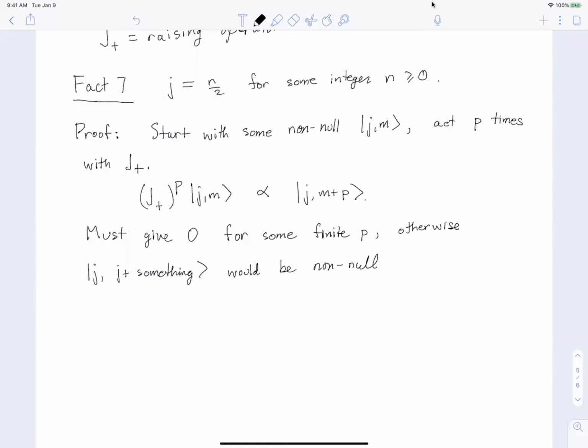And that contradicts fact number 2. Because fact number 2 said that the m value had to be between minus j and j, and here it's j plus something, right? Just by acting with j plus p enough times. So the only way out is that m plus p has to equal j.